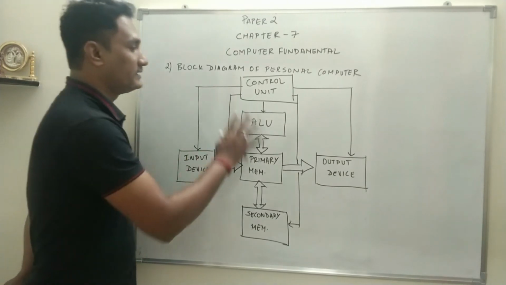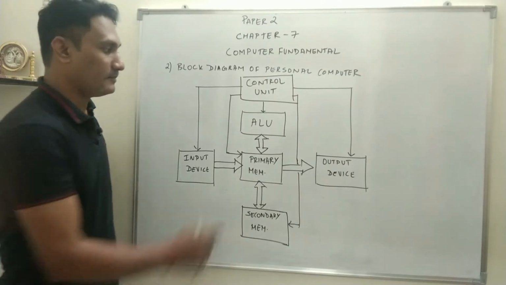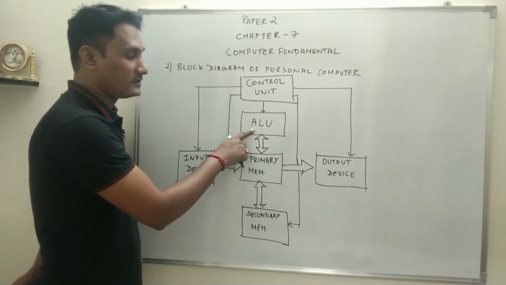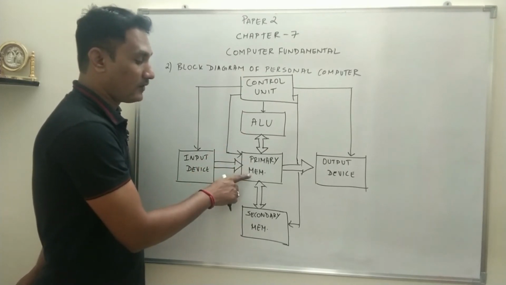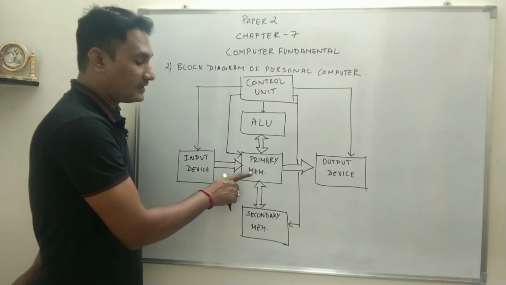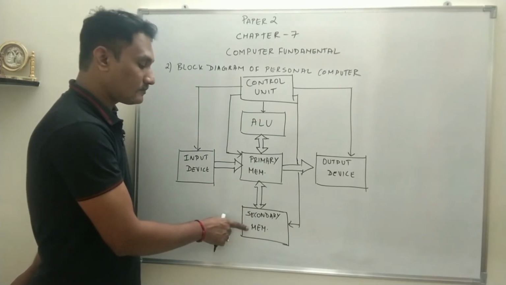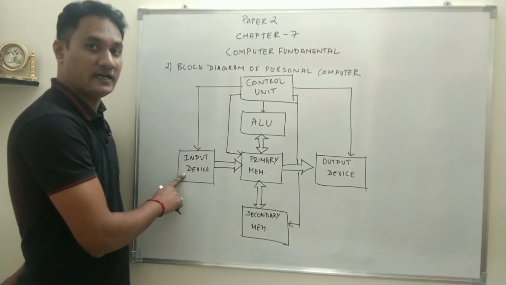So this is the basic block diagram of a personal computer. That means the ALU will perform all the complex arithmetic and logical operations. Data will be provided by the primary memory. If the data is not available, data will be provided by the secondary memory. And if the data is not available in both memories, it will be provided by the input device.